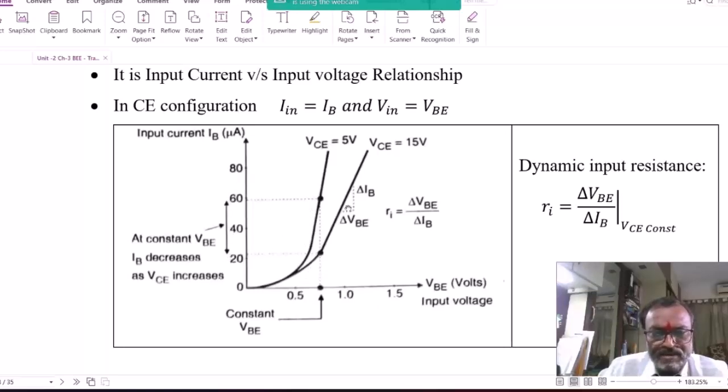A small change in VBE gives rise to a large change in IB. And therefore, the value of dynamic input resistance, which is nothing but the slope of the line in the active region or linear region of the characteristics, is very small.